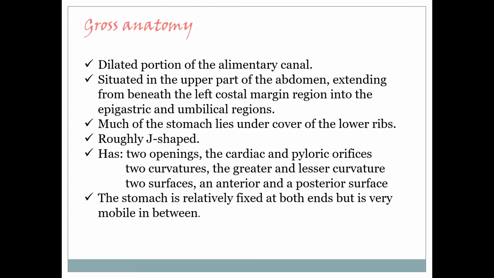So, it is situated in between the esophagus and the duodenum. And much of the stomach lies under the cover of lower ribs. And it has roughly J shape. But this shape can vary according to the height of the individual.